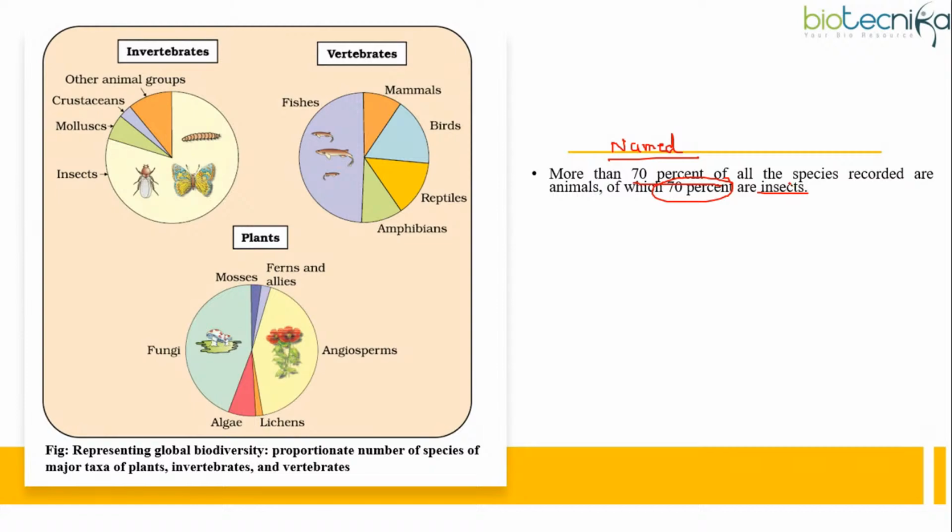That is, among animals, insects are the most species-rich taxonomic group, making up more than 70% of the total. That means out of every 10 animals on this planet, 7 are insects.